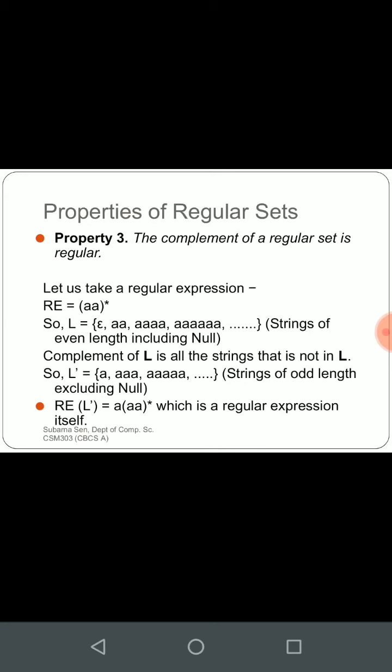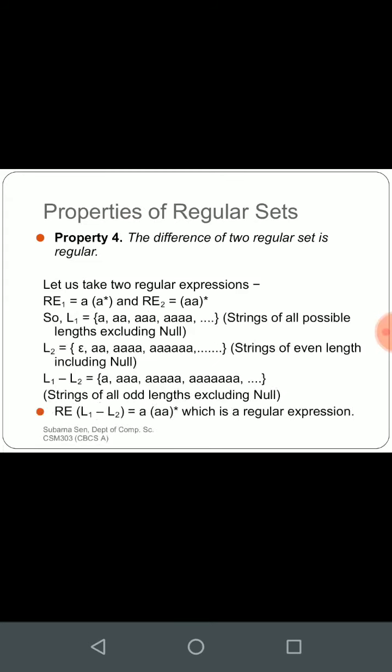So it will be A, then 3 A's, then 5 A's, and so on. If we write it in the form of a regular expression, what is the minimal string? A. And what can be the repetition? AA whole star. So this is also a regular expression, and the complement of a regular set is also regular.